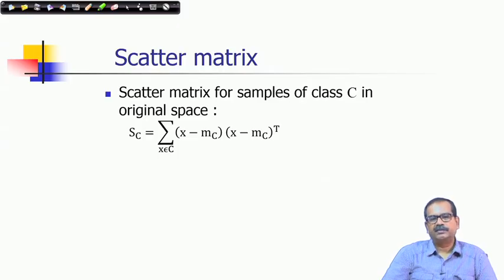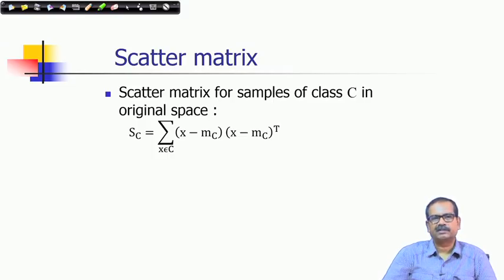Earlier we had only a one dimensional subspace for projections. So, we used standard variance-like definitions, that means squared deviations, but now we have to use the corresponding outer product of the matrix to denote a scatter matrix. This is represented as x minus mC into x minus mC transpose.